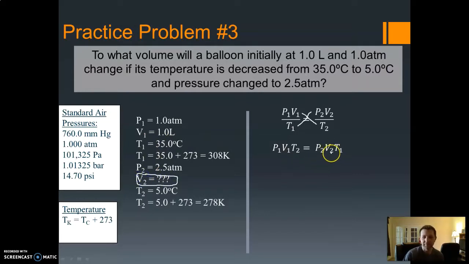So solve for V2. To solve for V2, we divide both sides by P2 and T1. So I'm going to do that, okay? If I divide both sides by P2 T1, it'll cancel out over here. And you'll get P1 V1 T2 over T1 P2 equals V2, right?